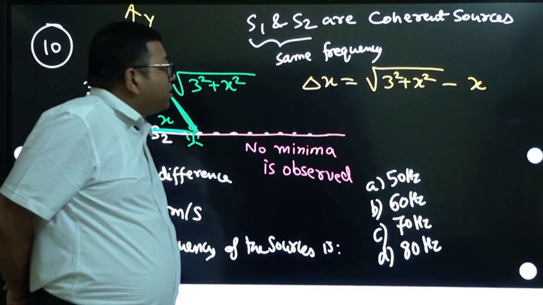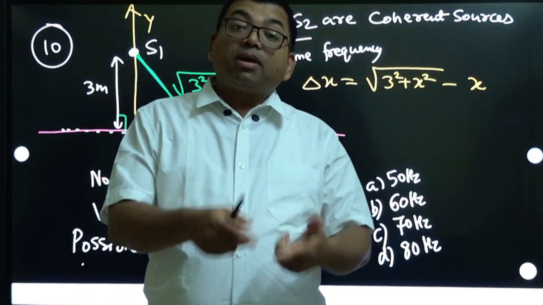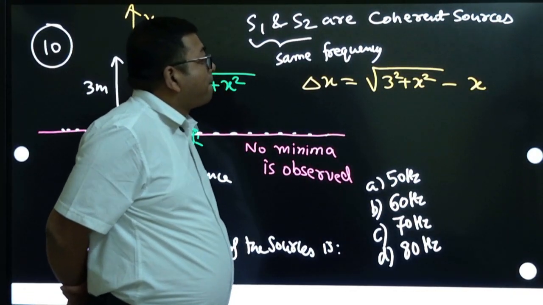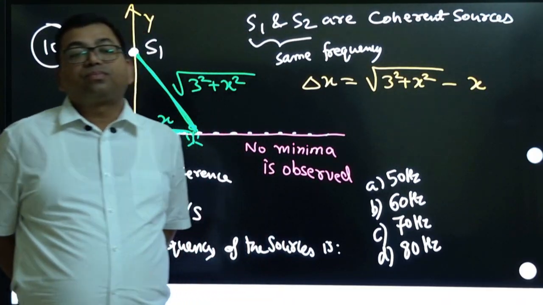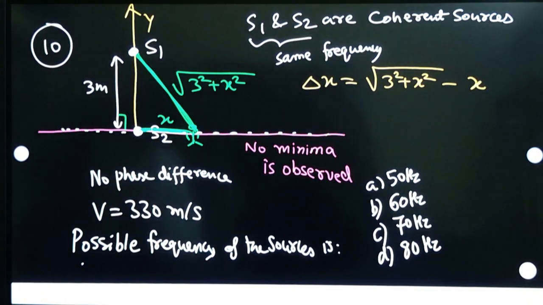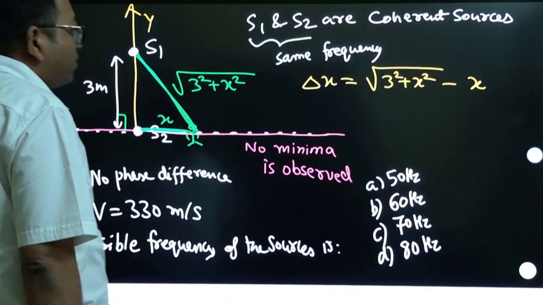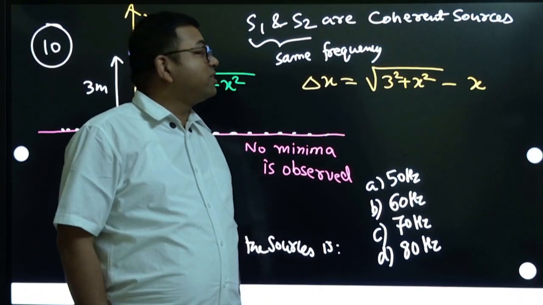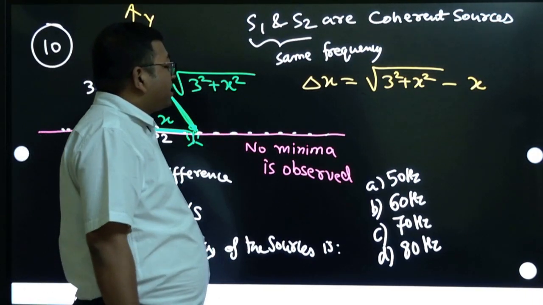What is the condition for path difference for minima? You remember the path difference condition for maximum and for minimum?